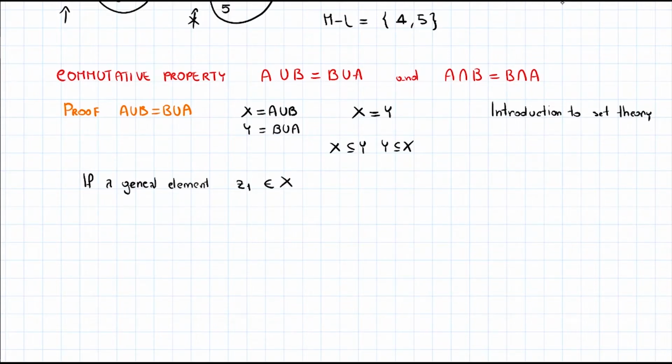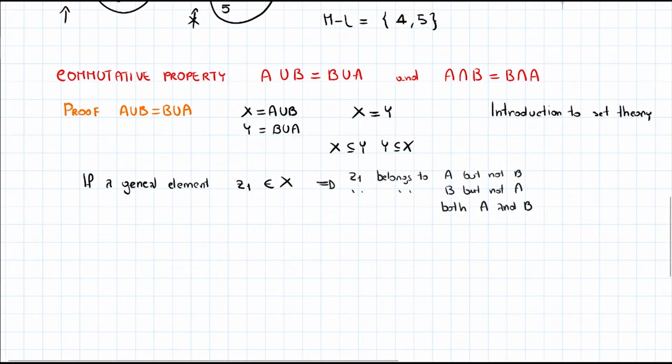If a general element Z1 belongs to X, it follows that Z1 belongs to A but not B, Z1 belongs to B but not A, or Z1 belongs to A and B, because saying that Z1 belongs to X is the same as saying that Z1 belongs to A union B in this order.